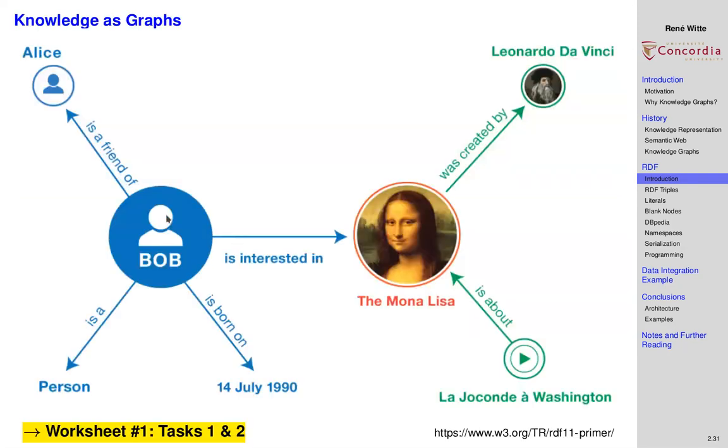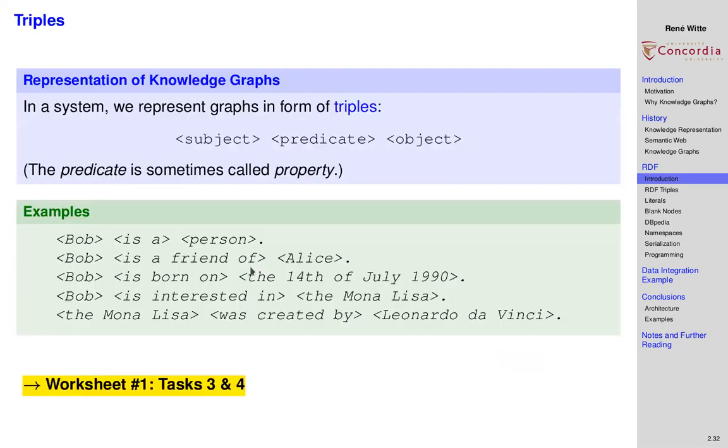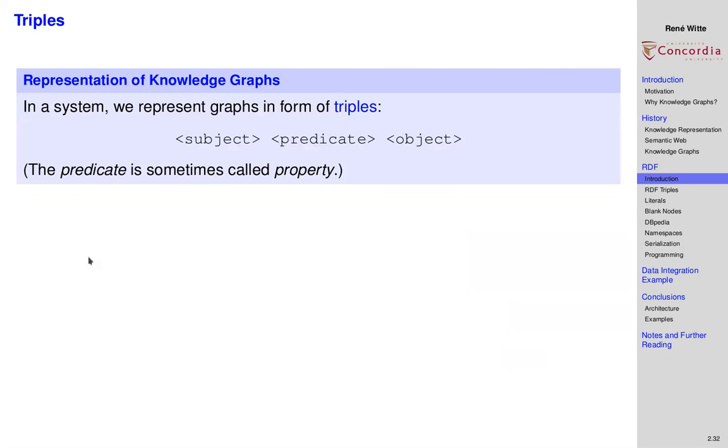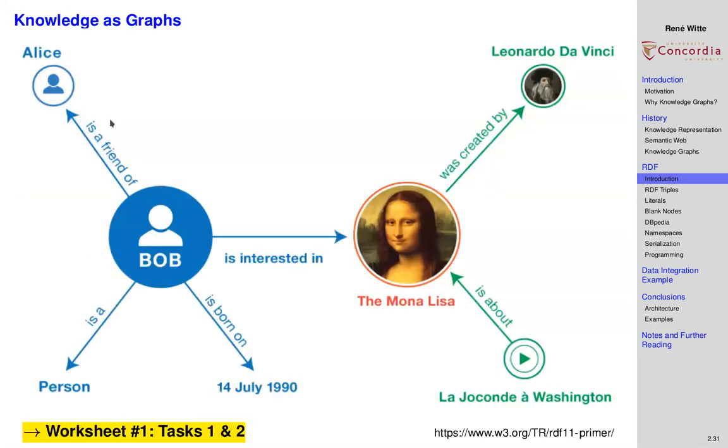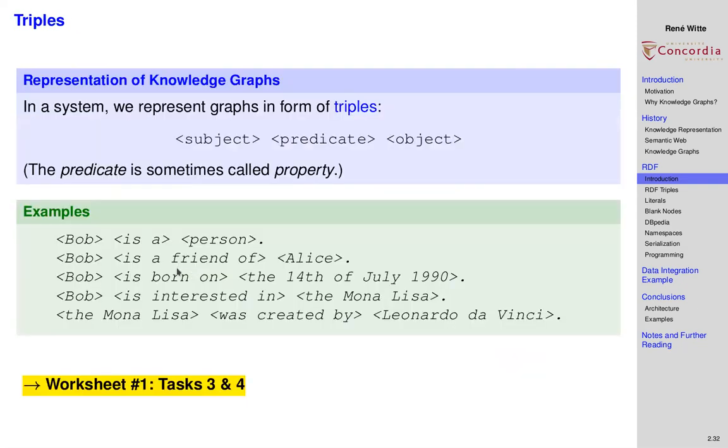Similarly, the information that Bob is a friend of Alice, we write down as a triple. Again, the same subject, Bob. So you can see we have one subject here and multiple connections going out. In this case, Bob is a friend of Alice, and so on.